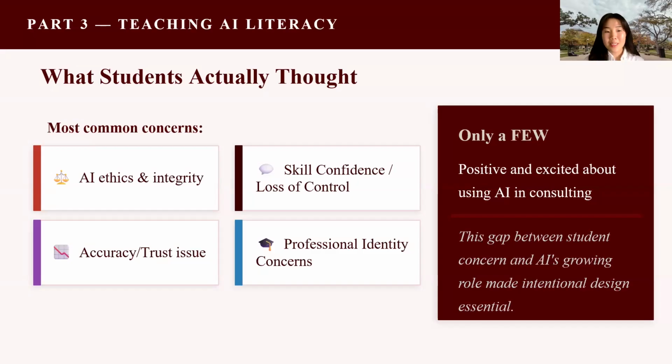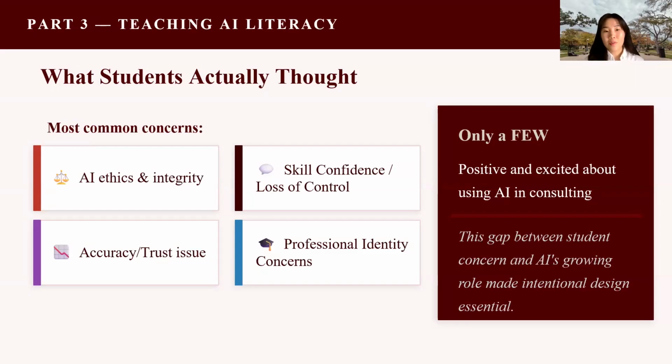And in the statement, it says if the instructor allows, students are able to use AI in an ethical way. However, students didn't know what ethics really means, what they need to do to adopt and be responsible in using AI.